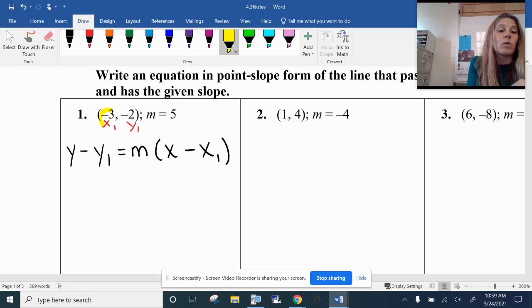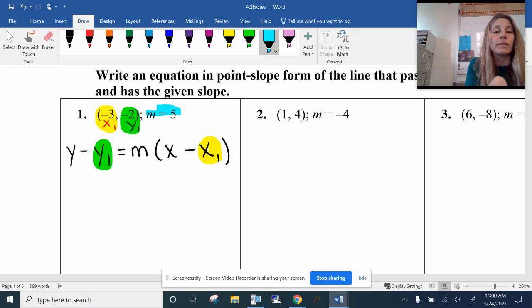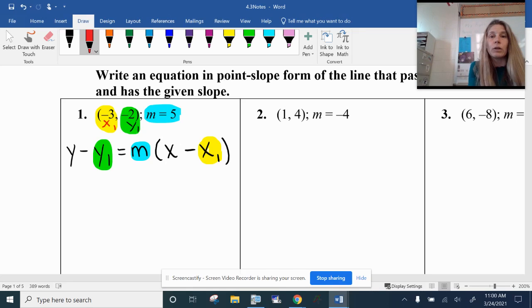So the x1 is my -3, so that's going to go in over here. Then my y1 is this -2, so that's going to be substituted in place of this y1 here. And then my slope is 5, so that 5 is going to go in where that m is. So let's see what that looks like.